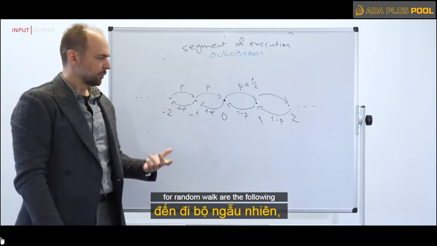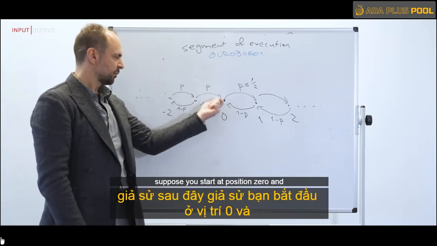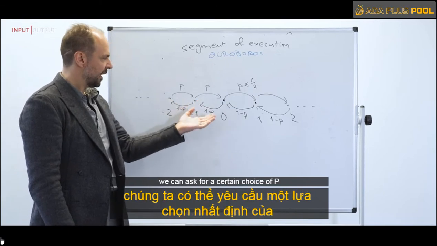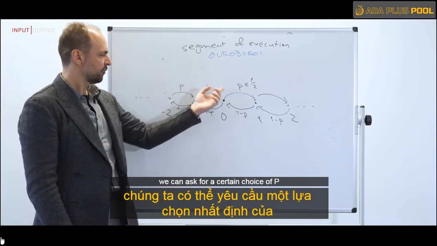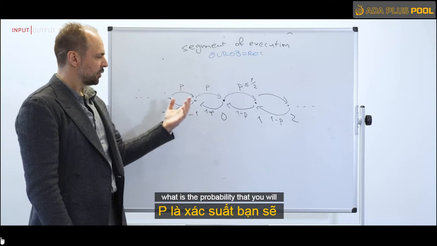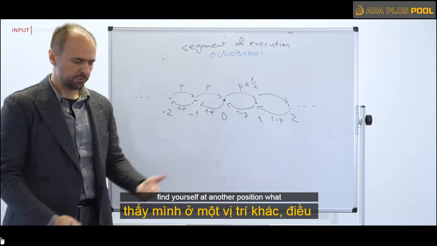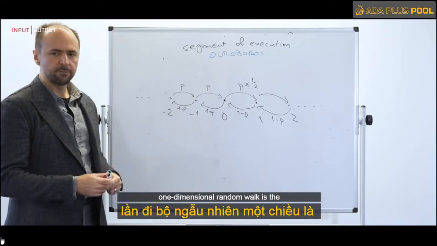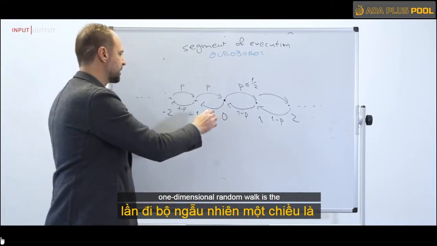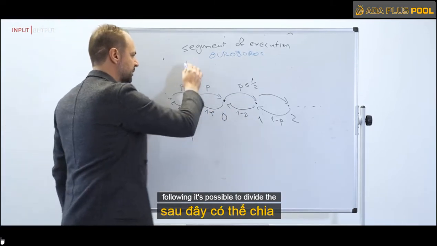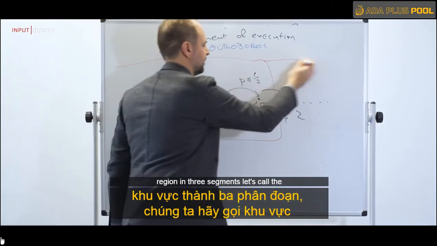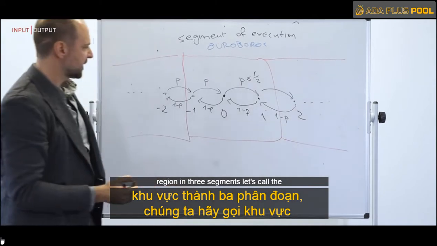Questions that are relevant for a random walk are the following. Suppose you start at position 0, and we can ask, for a certain choice of p, what is the probability that you will find yourself at another position? What it's possible to show for a one-dimensional random walk is the following. It's possible to divide the region in 3 segments.